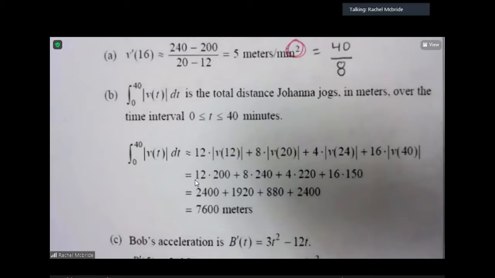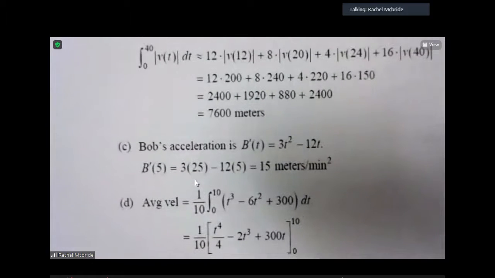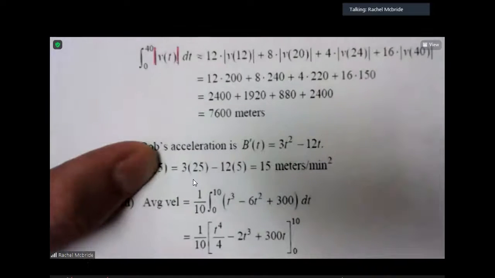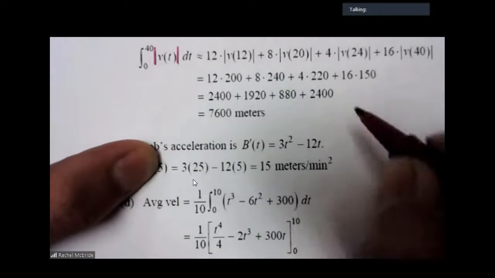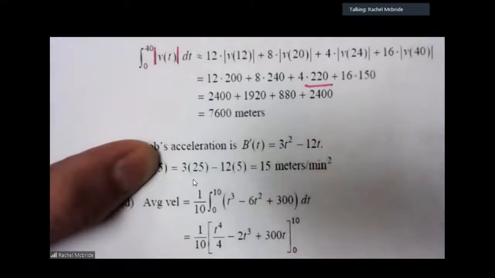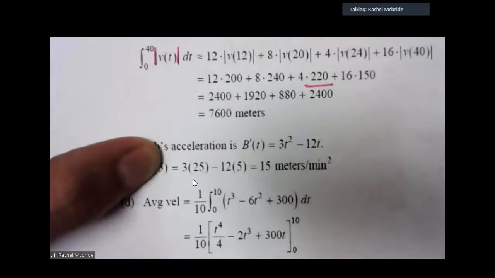Guys, this was the biggest, it made me sad grading them. Your biggest error was that we had the absolute value bars, so we were looking for total distance, but then you plugged in a negative. I can't tell you how many of you, and that's exactly what they were checking you on. They were saying, okay, do you get it?